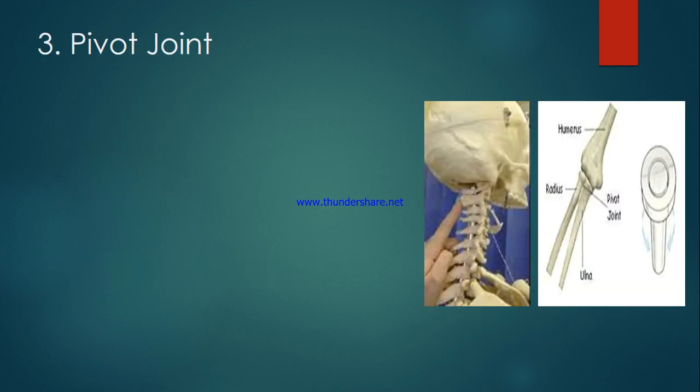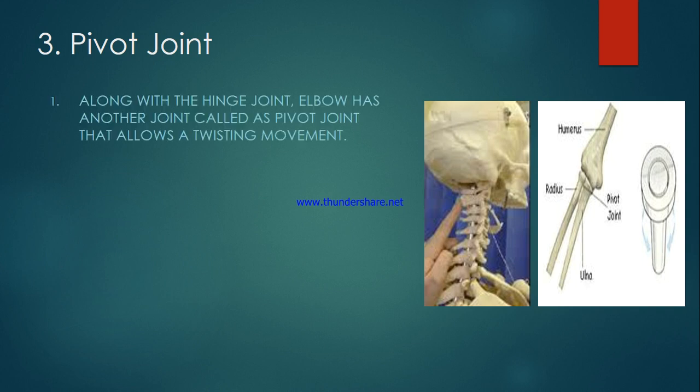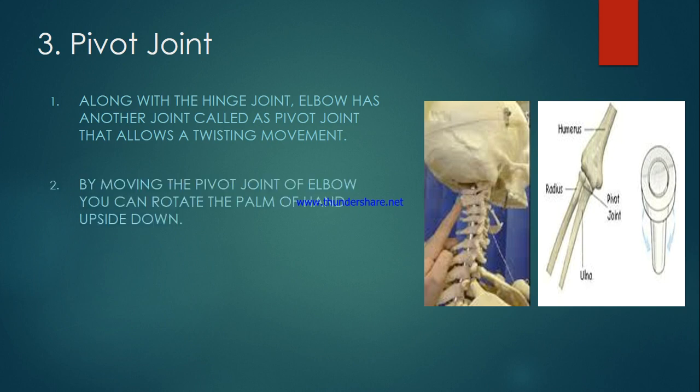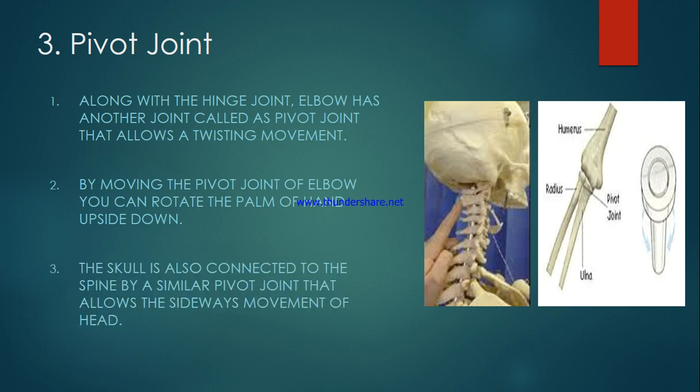The next freely movable joint is the pivot joint. Along with the hinge joint, you have observed in the diagram that the elbow has another joint, which is called the pivot joint, that allows a twisting movement. By moving the pivot joint of the elbow, you can rotate the palm of the hand upside down.